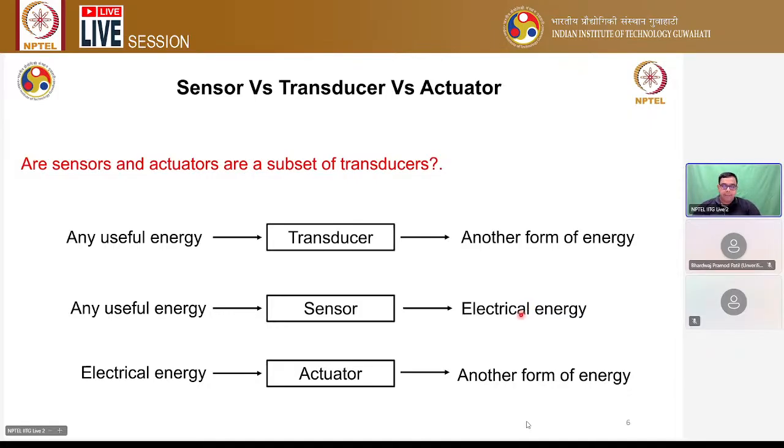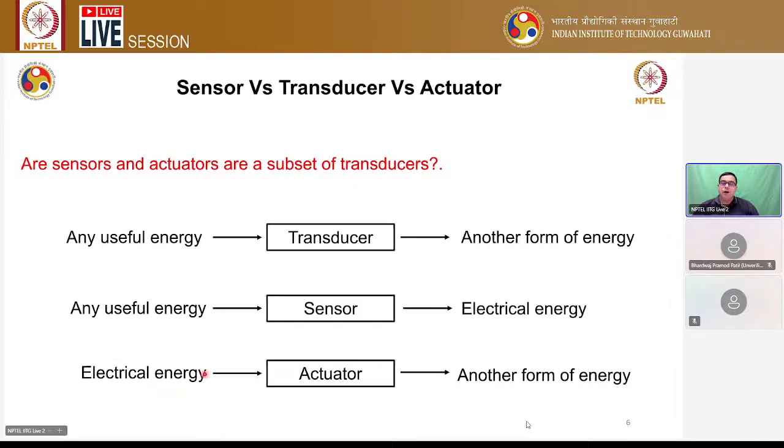Okay, so then let's see the actuator. The example that we have taken for the actuator was, if you remember, an electrical motor. What it is doing is converting electrical energy to another form of energy. So if you see, the input to the actuator is fixed, particularly the form of energy that it takes.